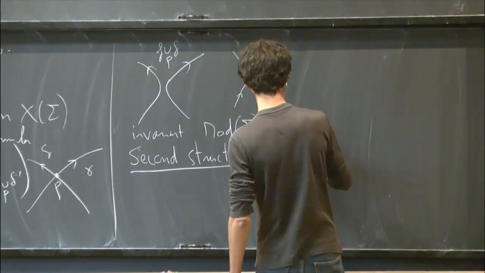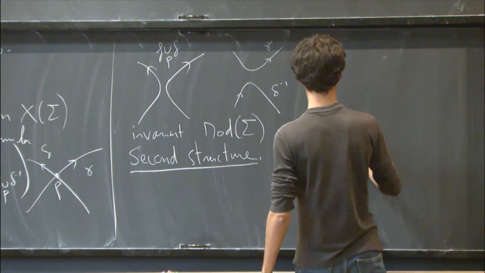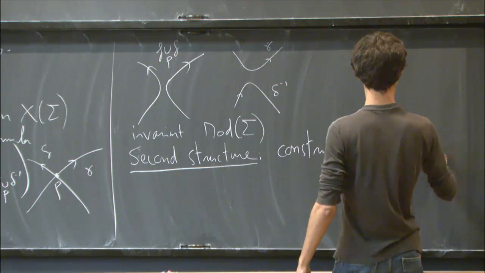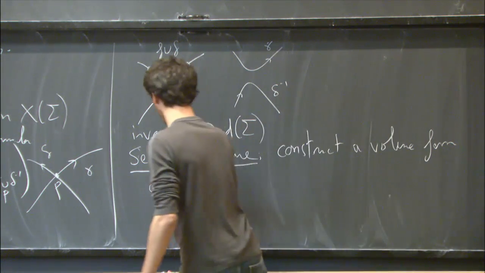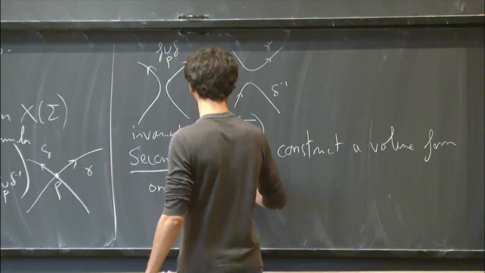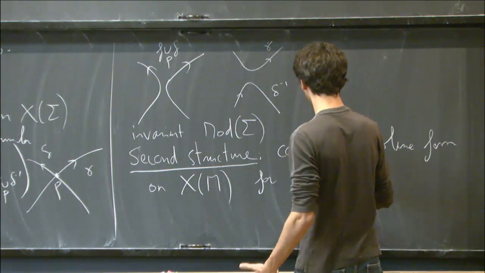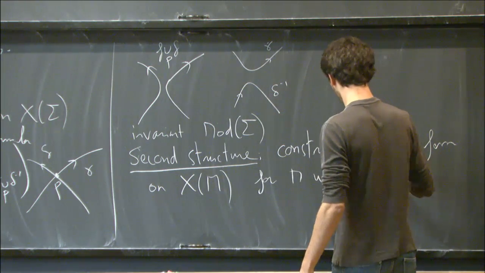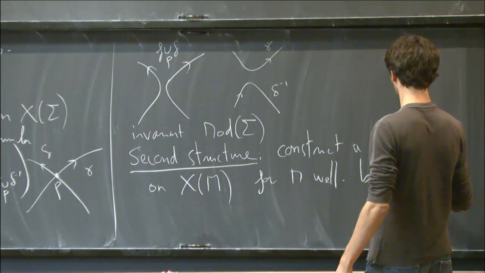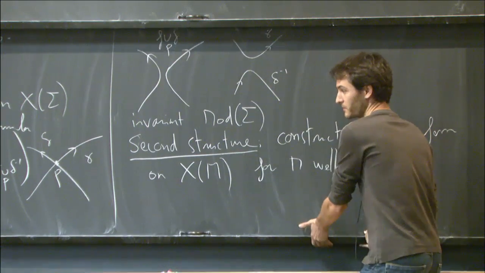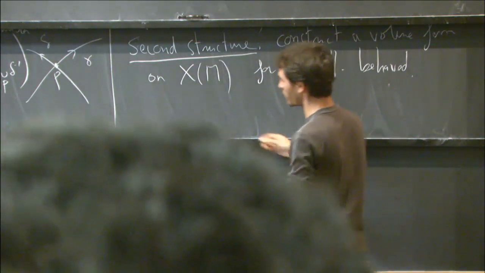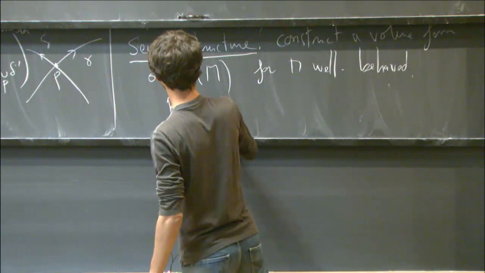So construct a volume form on the character variety of M, for M well behaved, and I don't have time to explain all the details of this well behaved. This is known to specialists as the Reidemeister torsion.